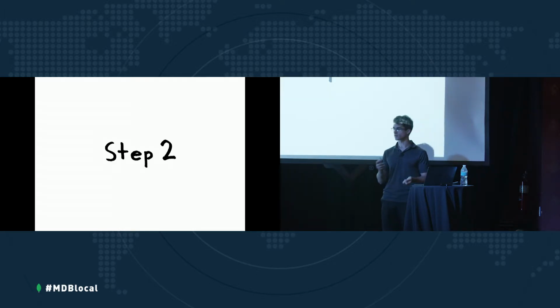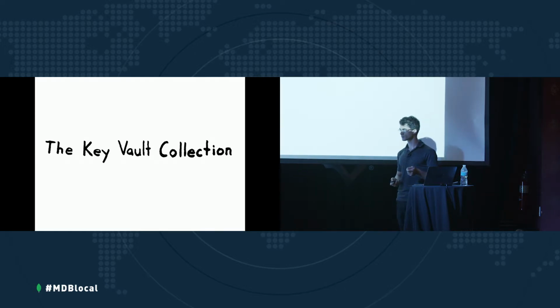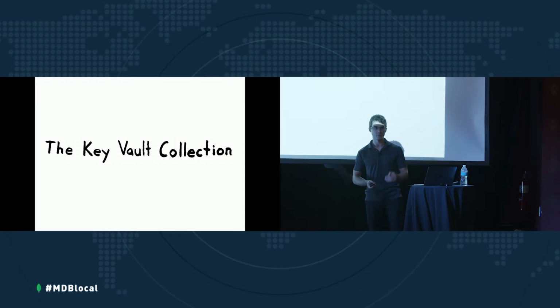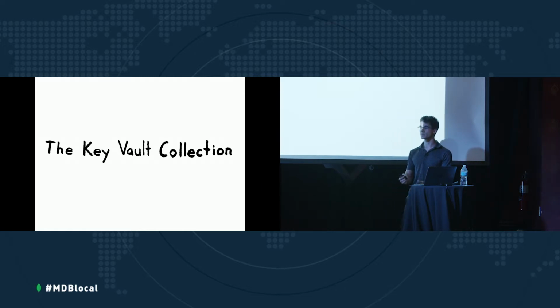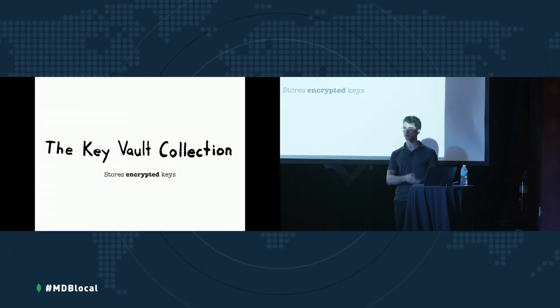And this is the motivation for the second step, which is the key vault collection. And this is a specially designated MongoDB collection that contains your encryption keys. This might sound fishy, because if we're storing your encryption keys in MongoDB, doesn't that mean somebody who has access to MongoDB also has access to your encryption keys? But in reality, these keys are stored after being encrypted with an external service.